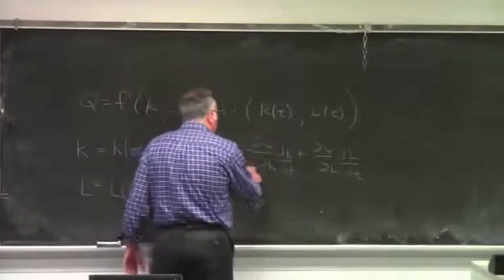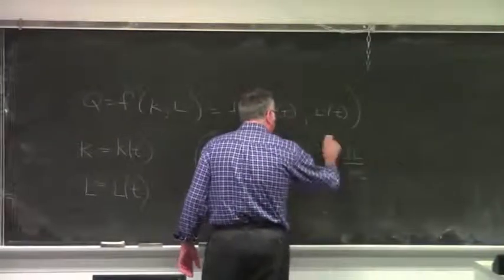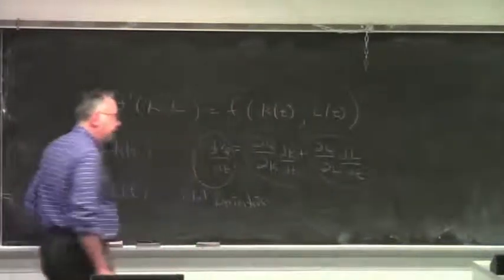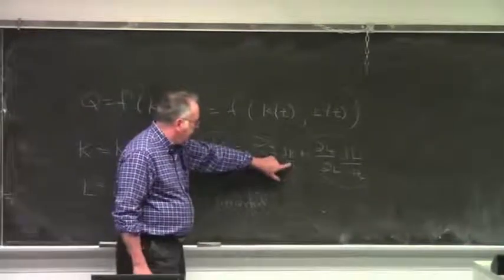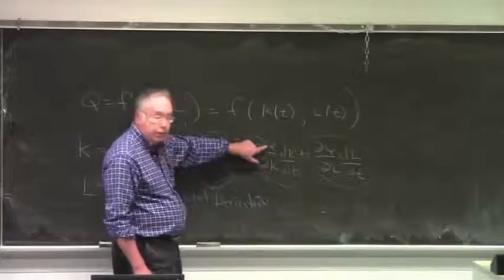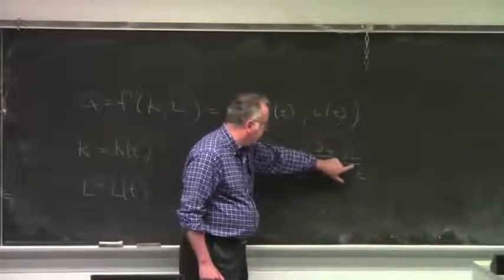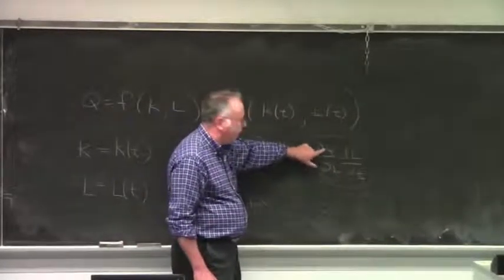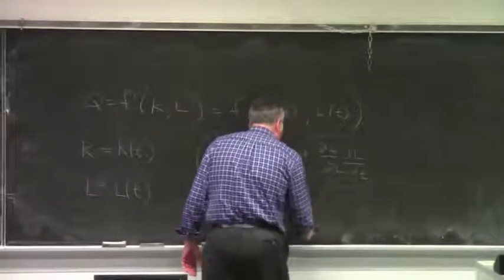And these are two indirect effects. Both of these are indirect effects of time on output. This one shows the effect of time on K, and in turn the effect of K on Q. This indirect effect shows the effect of t on L and the effect of L on Q. So both of these are indirect effects.